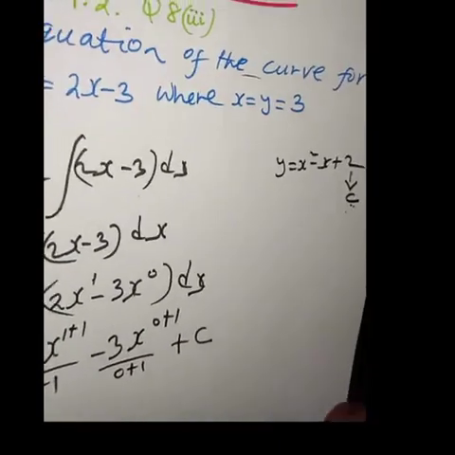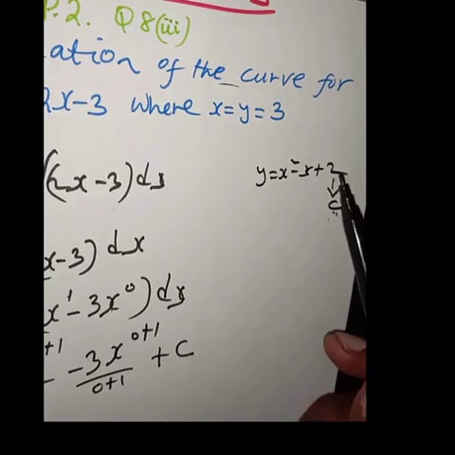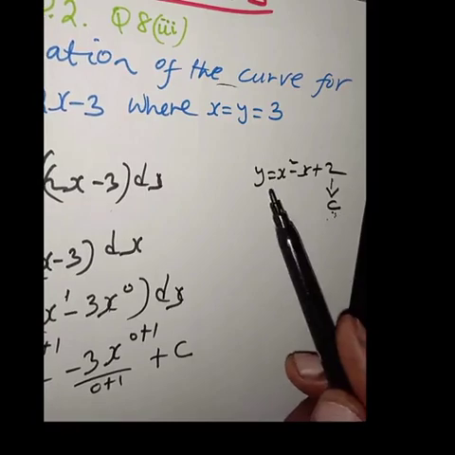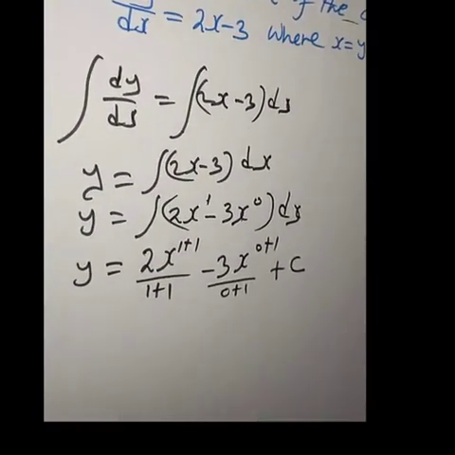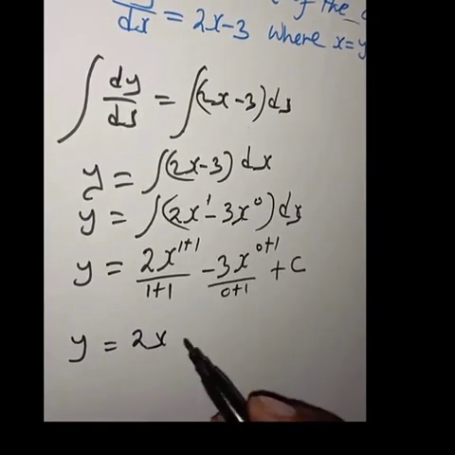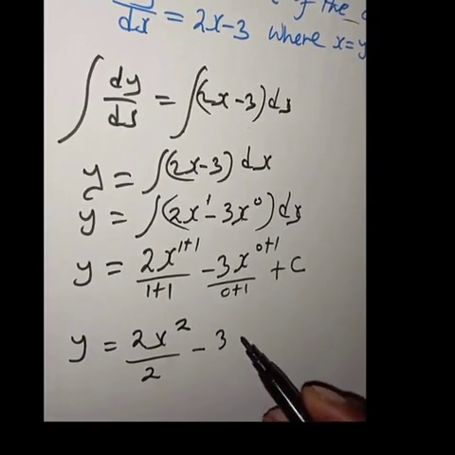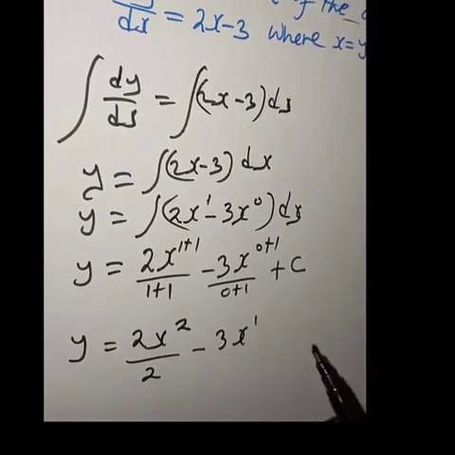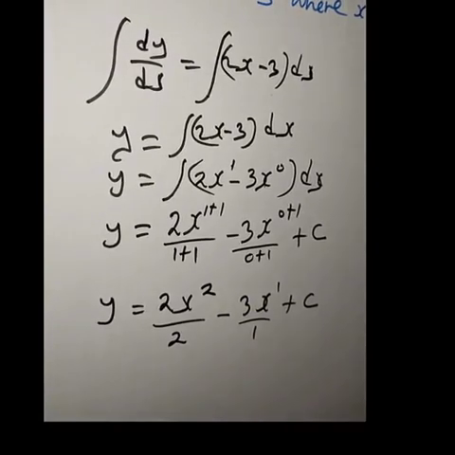This is why our target is to find this c. The constant must be known. The equation must be in this format. So now you have y is equal to 2x, 1 plus 1 is 2, over the same 2, minus 3x, 0 plus 1 is 1, over 1, plus c. Now try to reduce some numbers if it is possible.